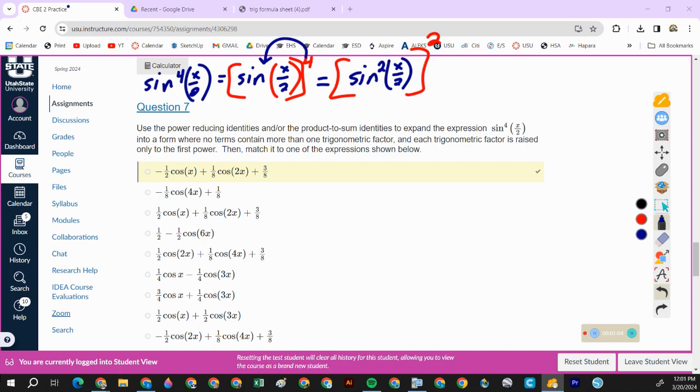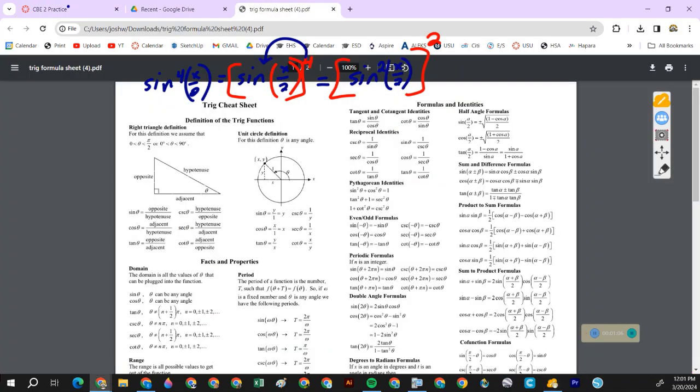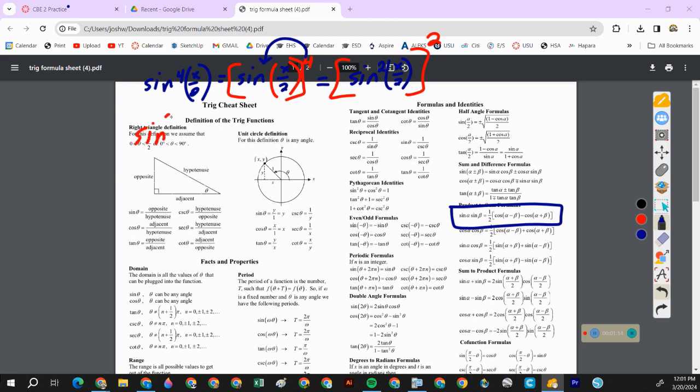Okay, and if we look at our product to sum formulas, we're going to use this one right here. So the sine squared of x over 2 is really just the sine of x over 2 times the sine of x over 2. So in this case, alpha is x over 2, and beta is also x over 2.